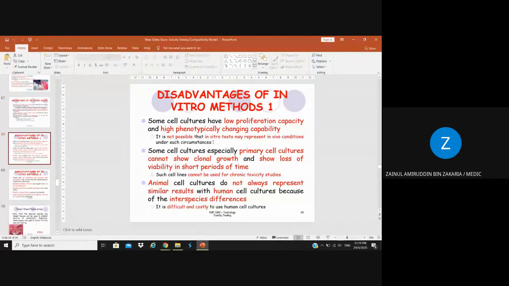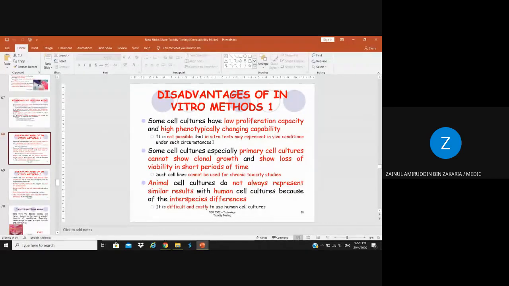Certain cells have low proliferation capacity, meaning if you take a certain amount of cells and put them in the media with all the nutrients to make them proliferate into a certain amount of cells, some cells are difficult to proliferate.